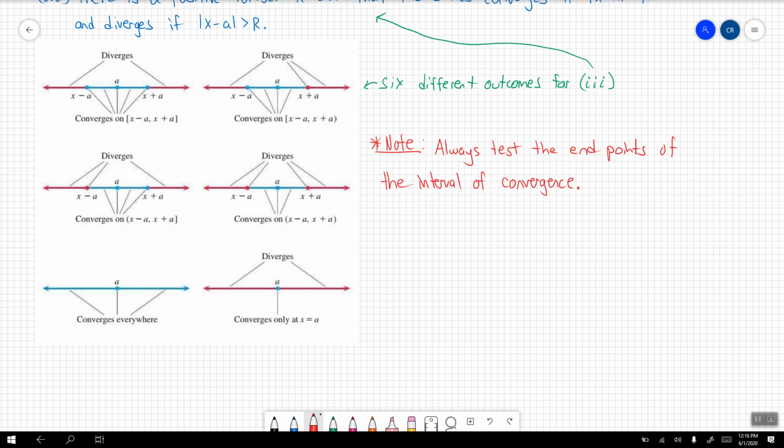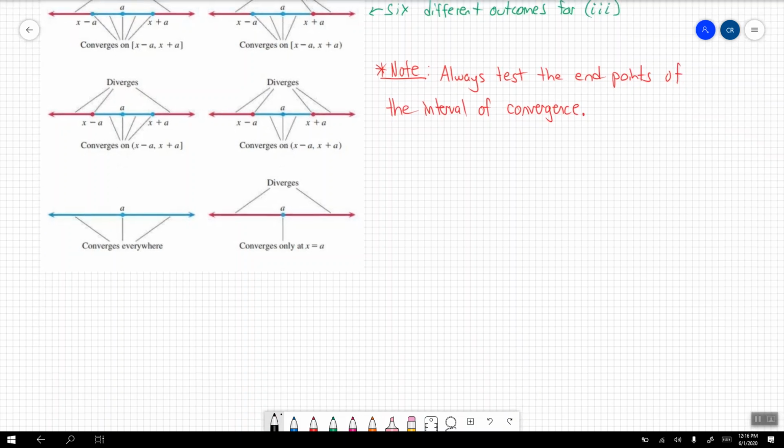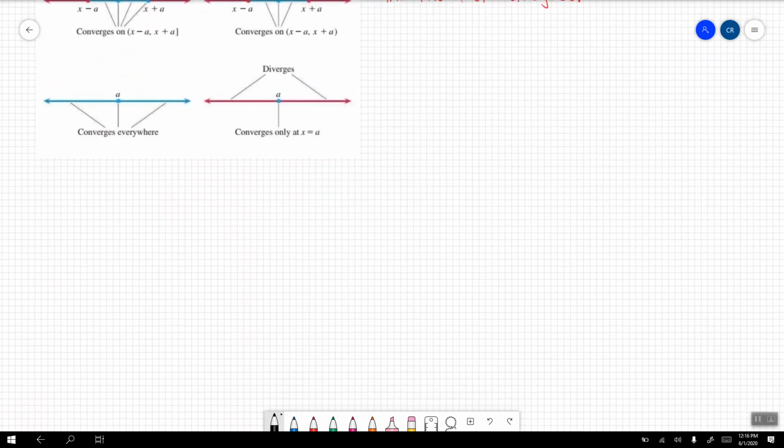So let's go through a first example just to get our feet wet and see how we're going to be using this power series that we've just developed. So here goes your first example.